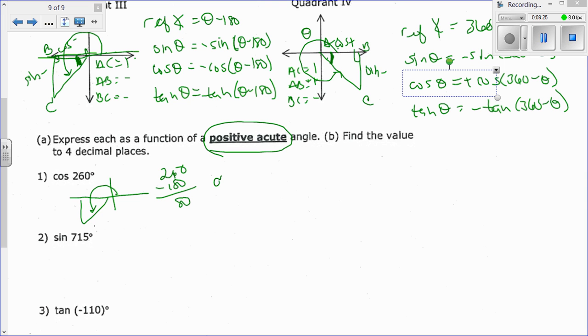And since I'm in quadrant 3, cosine is negative. So it's a negative cosine of 80 degrees. And when we put this into the calculator, we put negative cosine of 80 degrees, we'll get negative 0.1736.